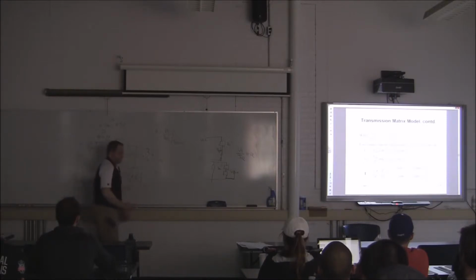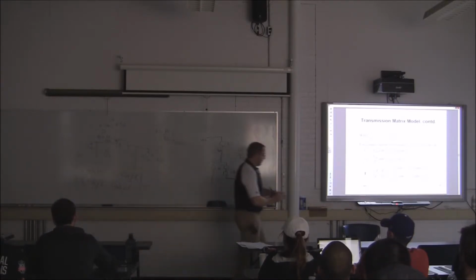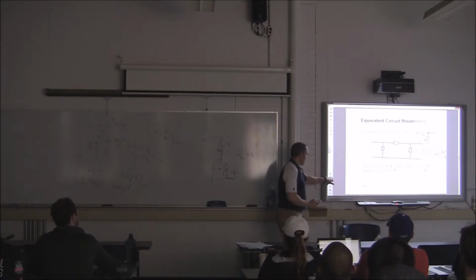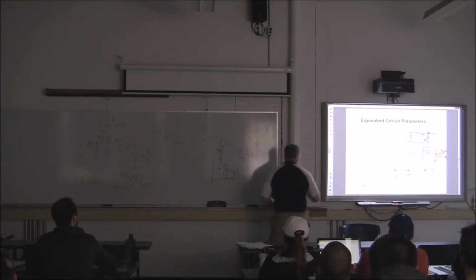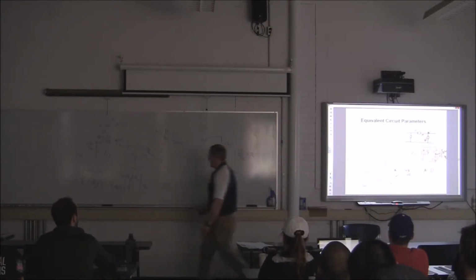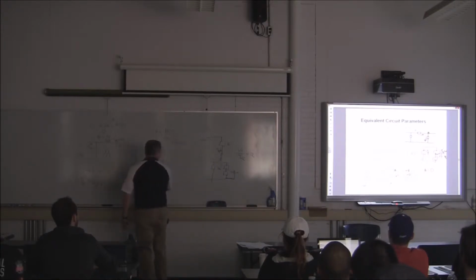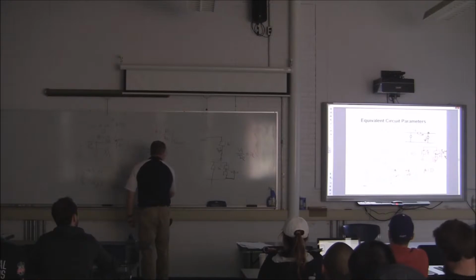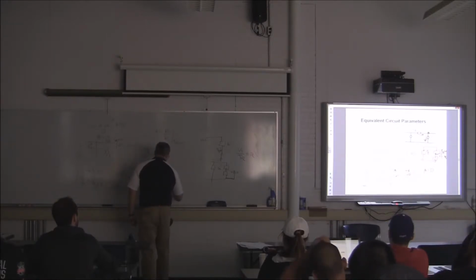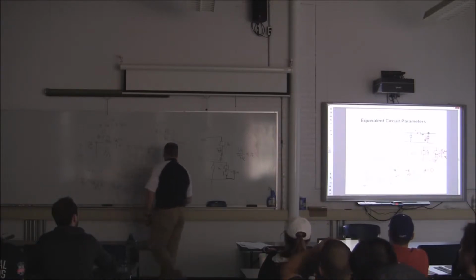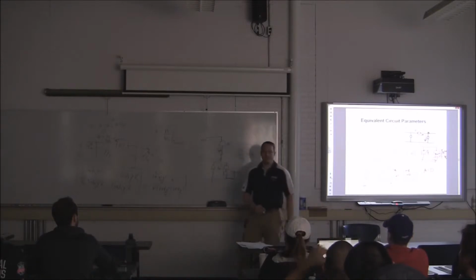This, because it's VS IS, has to be exactly the same as 1 plus Z prime Y prime over 2, Z prime, Y prime times 1 plus Z prime Y prime over 4, and 1 plus Z prime Y prime over 2. Those two have to be the same.